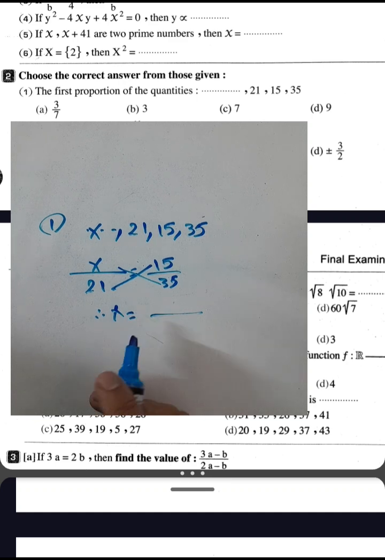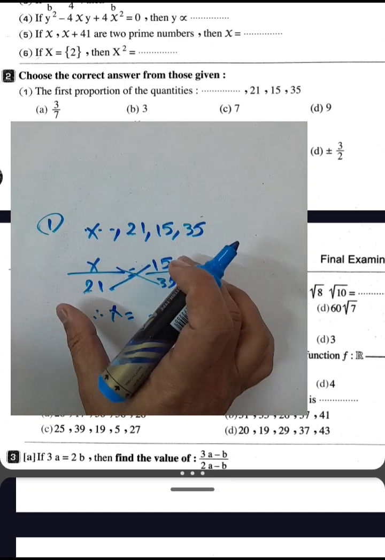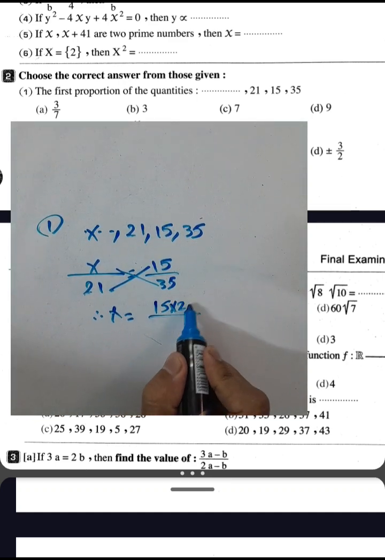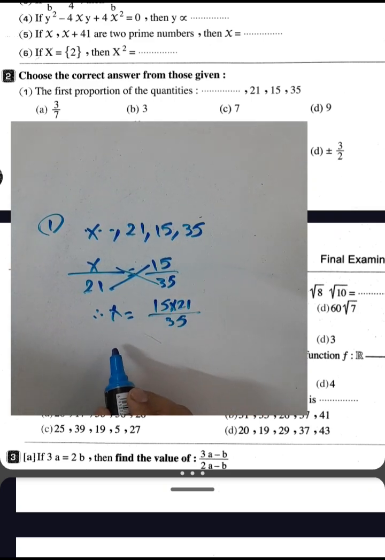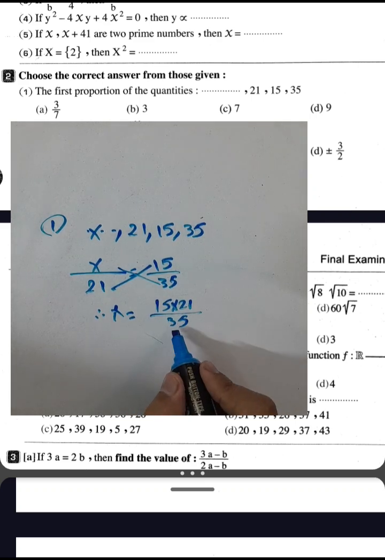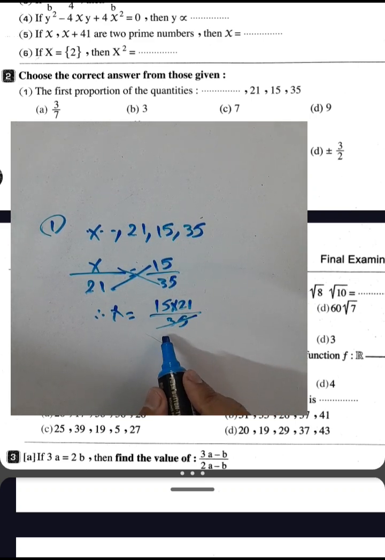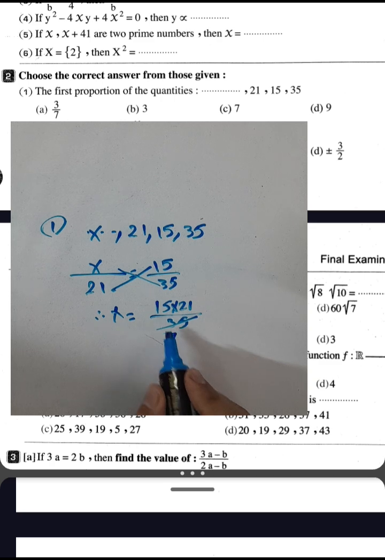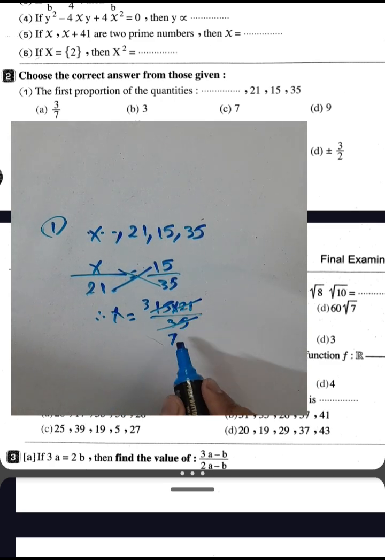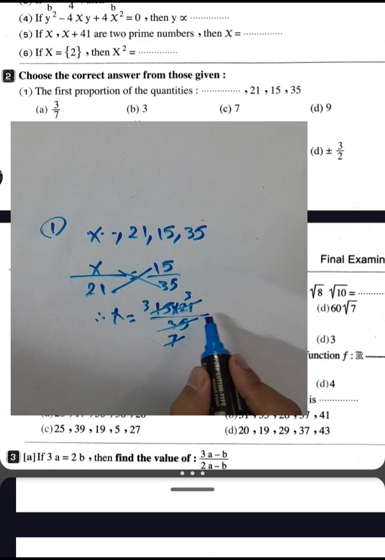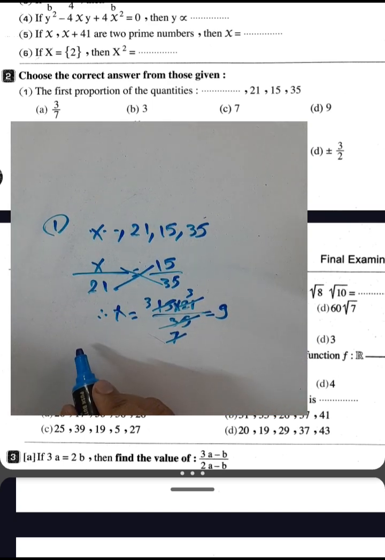Then I am going to find the result of x by find the product between 15 and 21, and then divide the result by 35. Then you can write the result here by divided by 7, divided by 5, 35 divided by 7 equals 5, 35 divided by 5 equals 7, 21 divided by 7 equals 3, 3 times 3 equals 9. Then the value of x here will be 9.